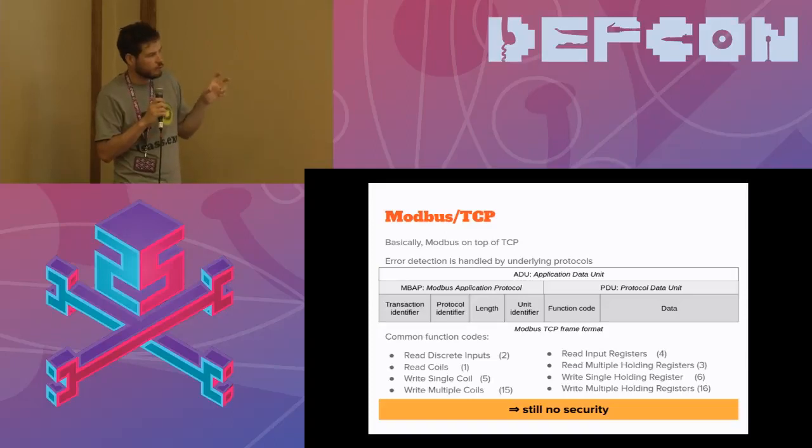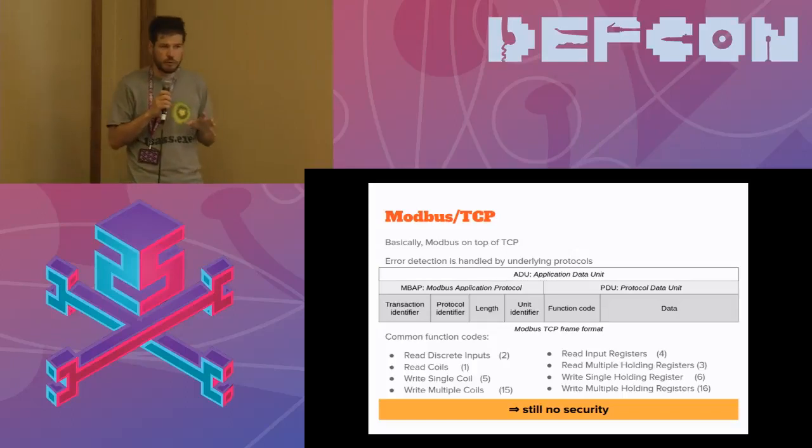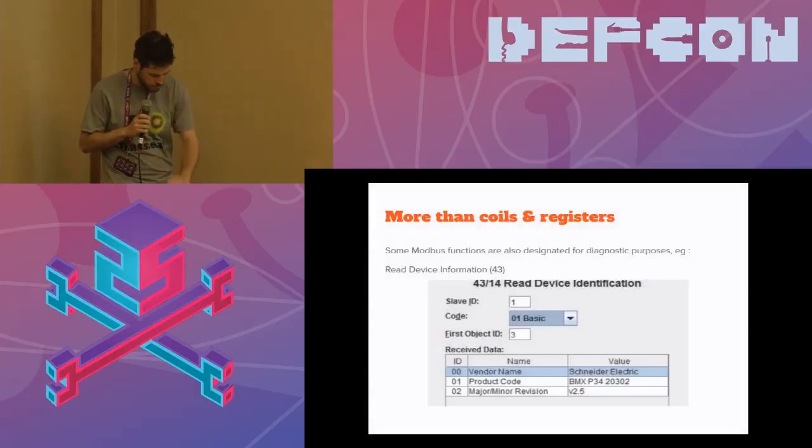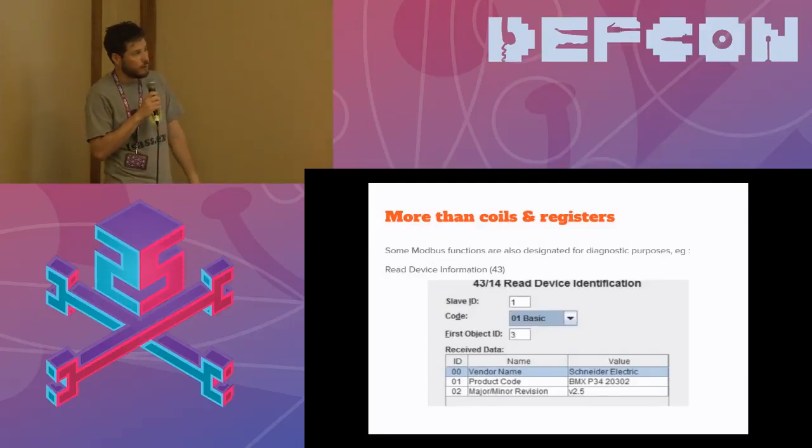Mostly, Modbus is used to perform read and write actions. So here you have the most common function codes. They're mostly used to read some information, a coil, which is 1 bit, or a register that is 16 bits. As you can see, when Modbus was transferred to TCP, they did not add any kind of security, so still no security. So this is a protocol that's used for ICS. There is no authentication, no encryption. You can perform other kinds of actions.